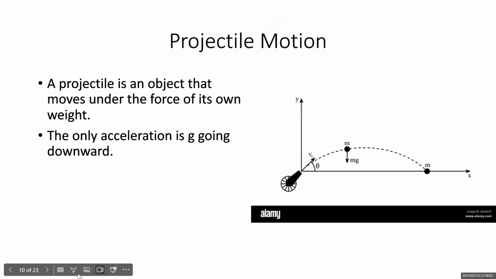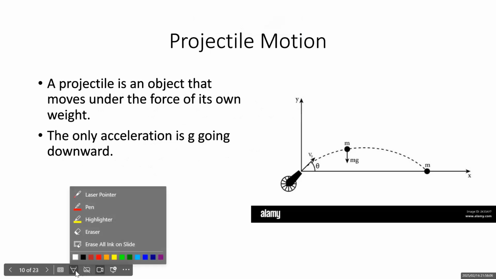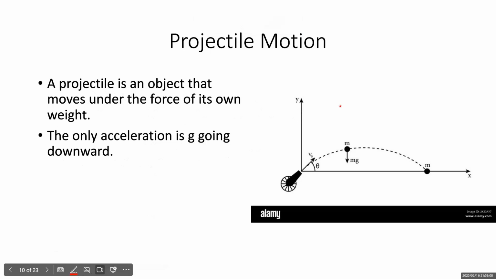That does not mean it's only moving downward, only that the acceleration is downward. There can be a horizontal component of velocity too, but that horizontal component of velocity must be constant.